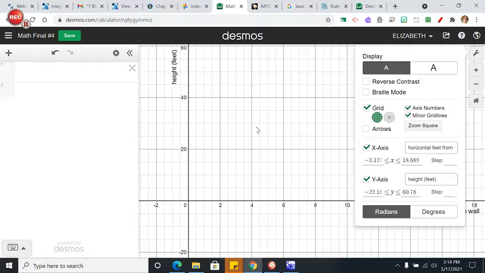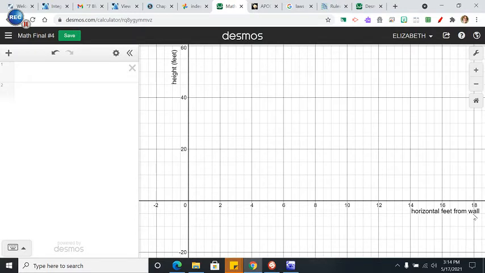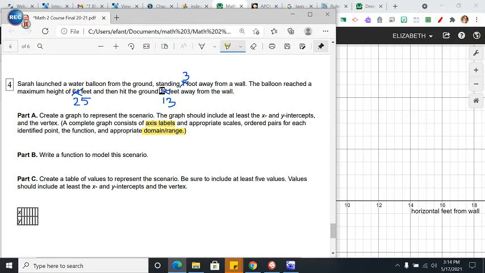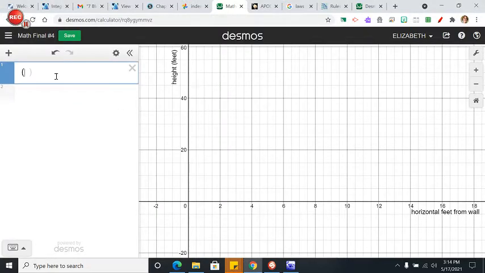So I have my axes labeled, horizontal feet from wall, height, and it gives me 3 points. It says that she's standing 3 feet away from the wall. So this is 3, 0.